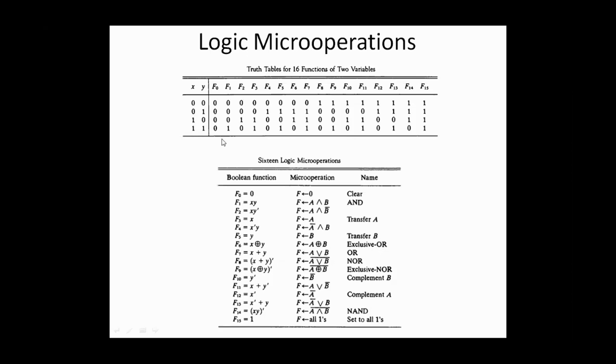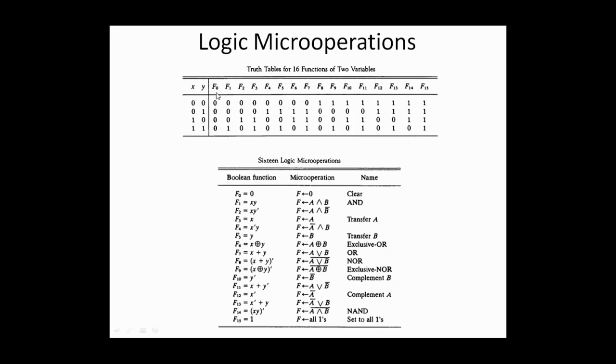Otherwise, it will be 0. Right? So we may have that function also. That is an AND function. So here we can see F1 has 1 here, others are 0. So this way we can have some 16 functions which can be performed.